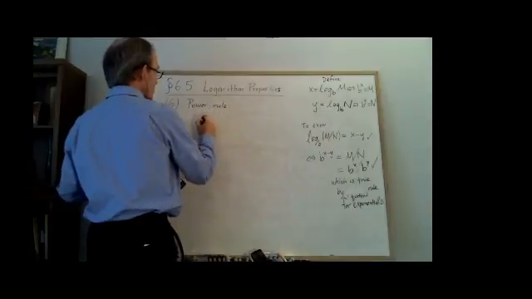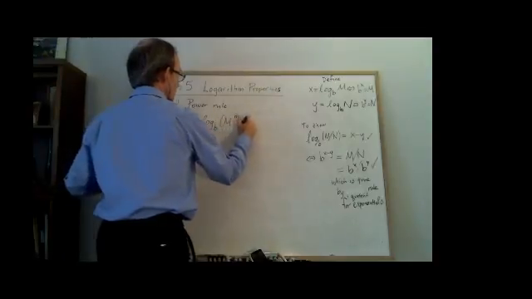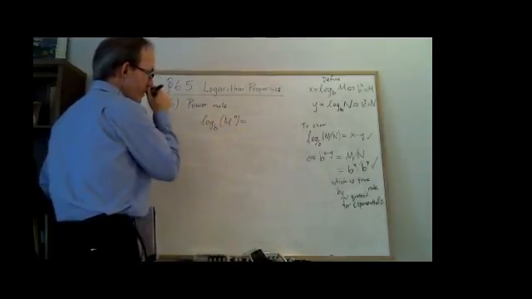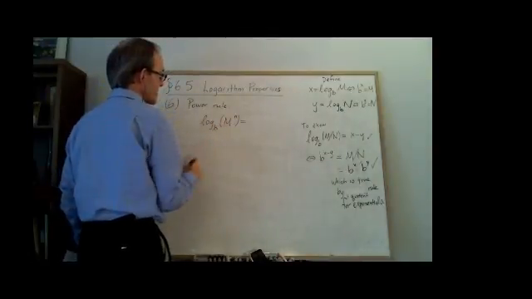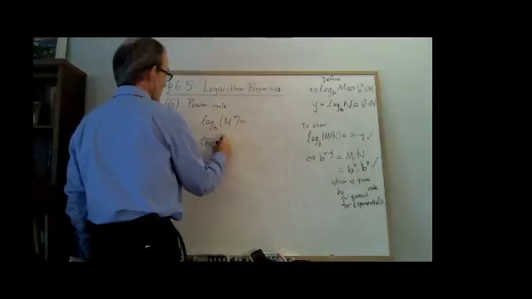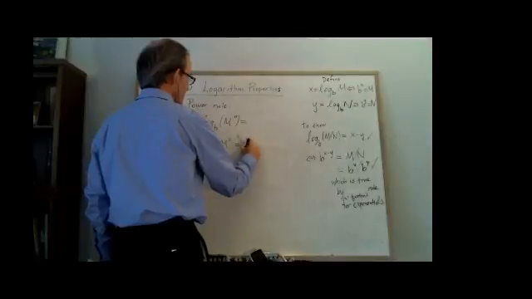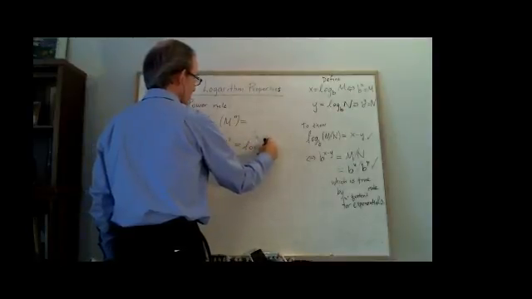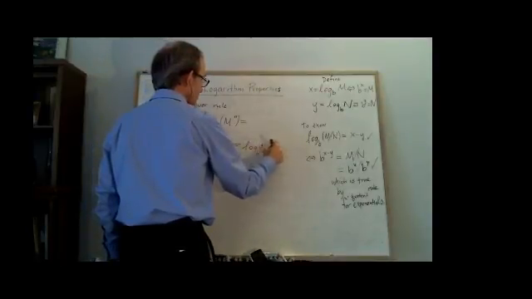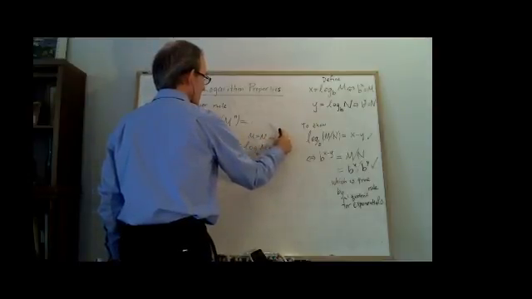Or you can guess it from the product rule for logarithms. So the power rule for logarithms, when applied to the product m times itself, m squared, the product rule tells you it's log base b of m plus log base b of m.